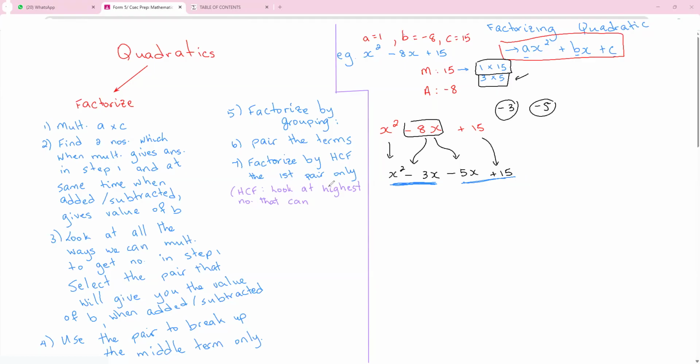Right, so look at the highest number that can divide without or into each number without leaving a remainder.